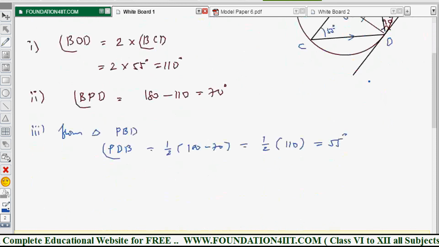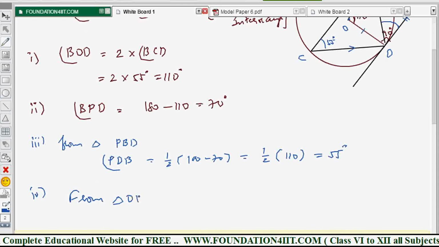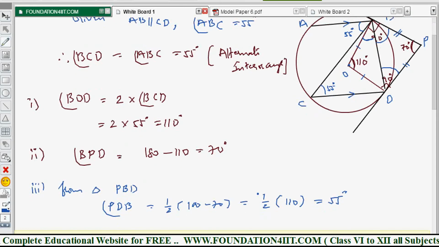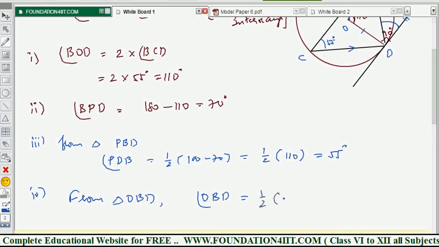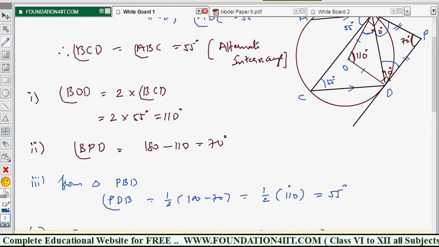Angle OBD is asked. Because the radii are equal, half of 180 minus 110, that is half of 70, so that is 35 degrees.